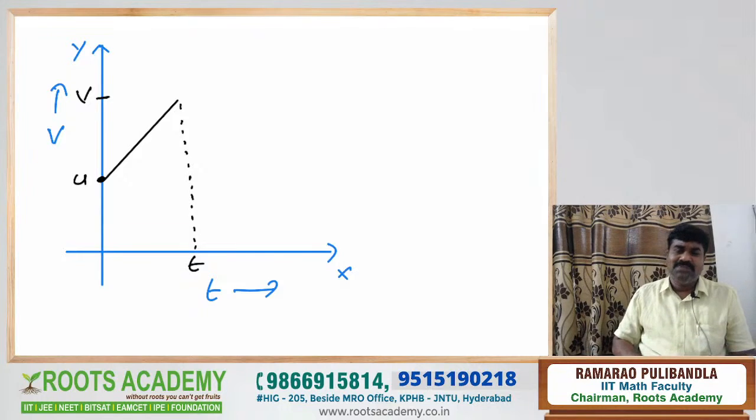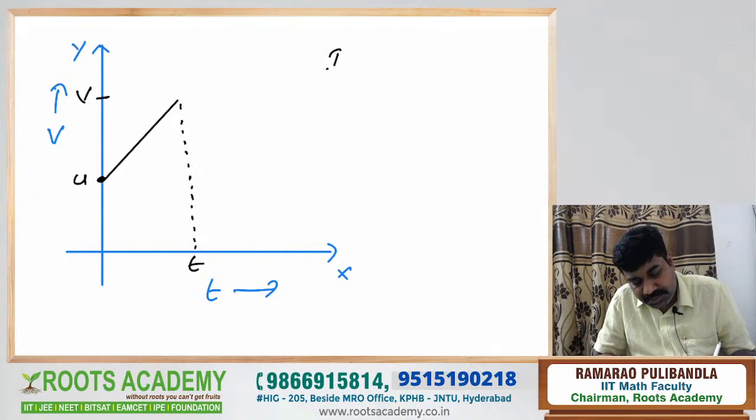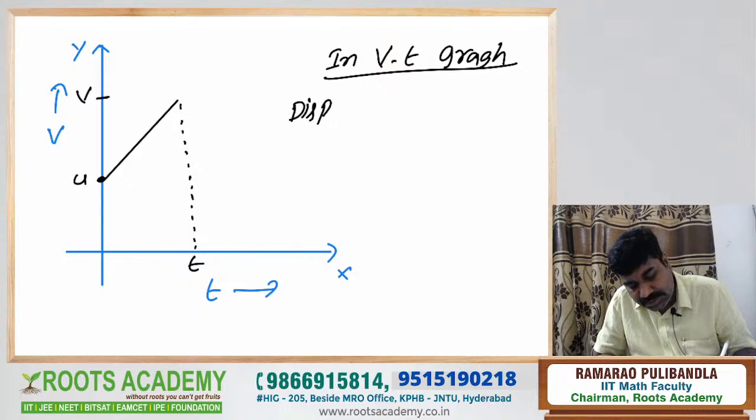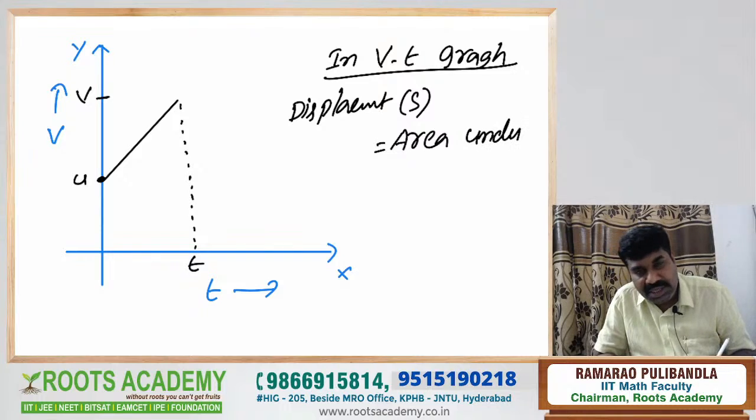Here, what is the displacement in the velocity-time graph? Displacement S is equal to the area under the graph.